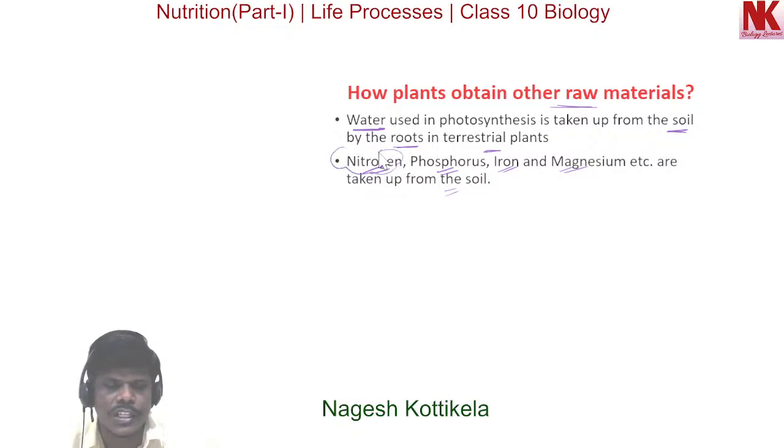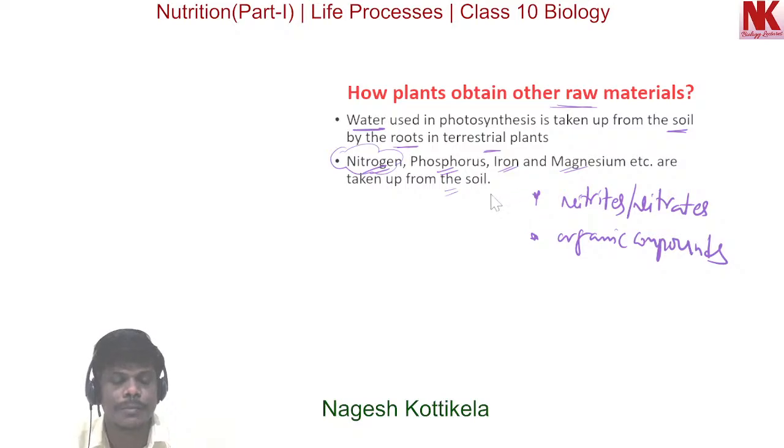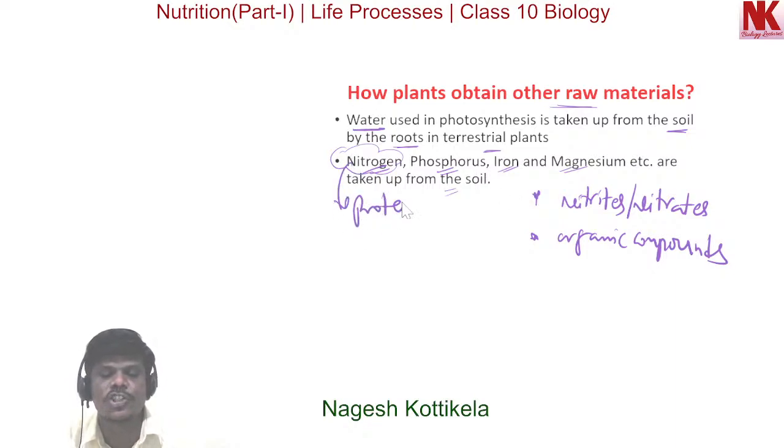Nitrogen is required in very large amounts. It is absorbed in the form of nitrites or nitrates, or organic compounds. It is required in large amounts by the plant, and it is very essential for protein synthesis.